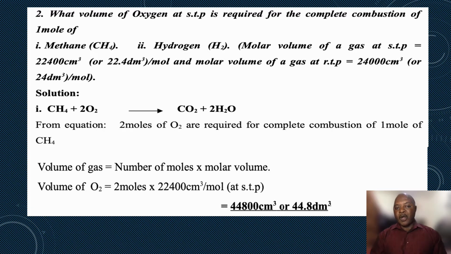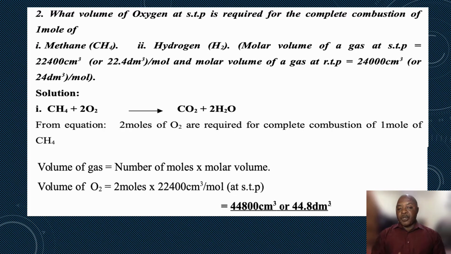So what do you do? The first thing you do in such a thing is write the equation. This is stoichiometry. If you need to calculate the amount of what has reacted with the other one, the first thing you need is to write a complete balanced equation. If you write a balanced combustion equation between methane and oxygen, what you are going to have will be carbon dioxide and water.